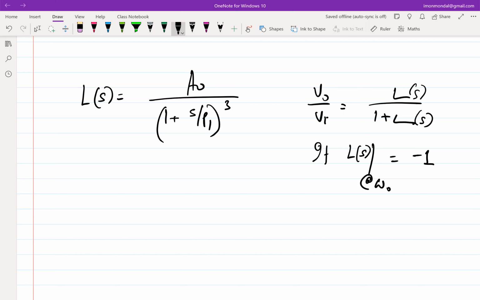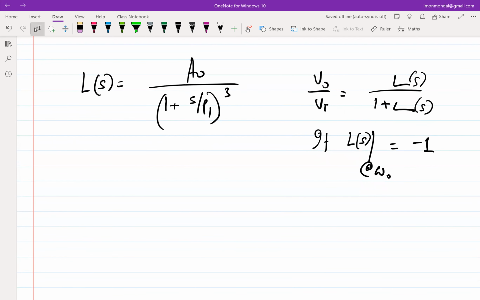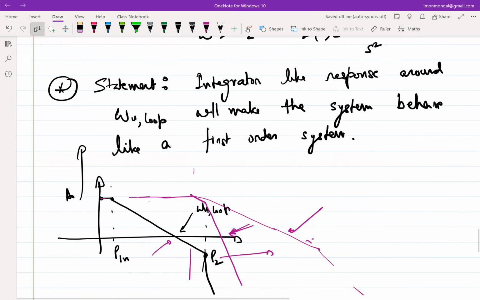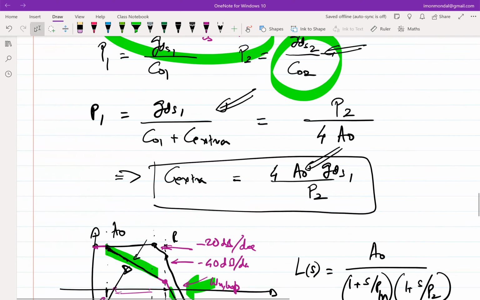So now let's figure out whether this condition can occur in a third order system. By the way, in a second order system, this condition occurs when zeta goes to 0.